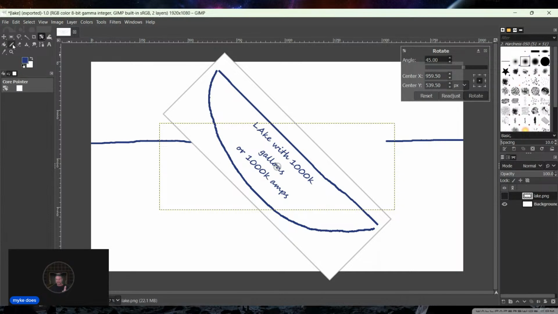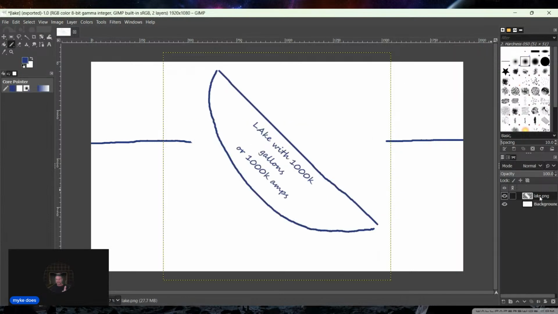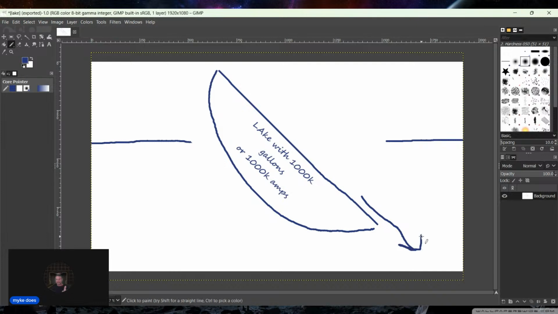Okay, so I just tilted the lake. Now the water can flow with the equivalent force related to 45 degrees. You draw the line here, and there is your 45 degrees.